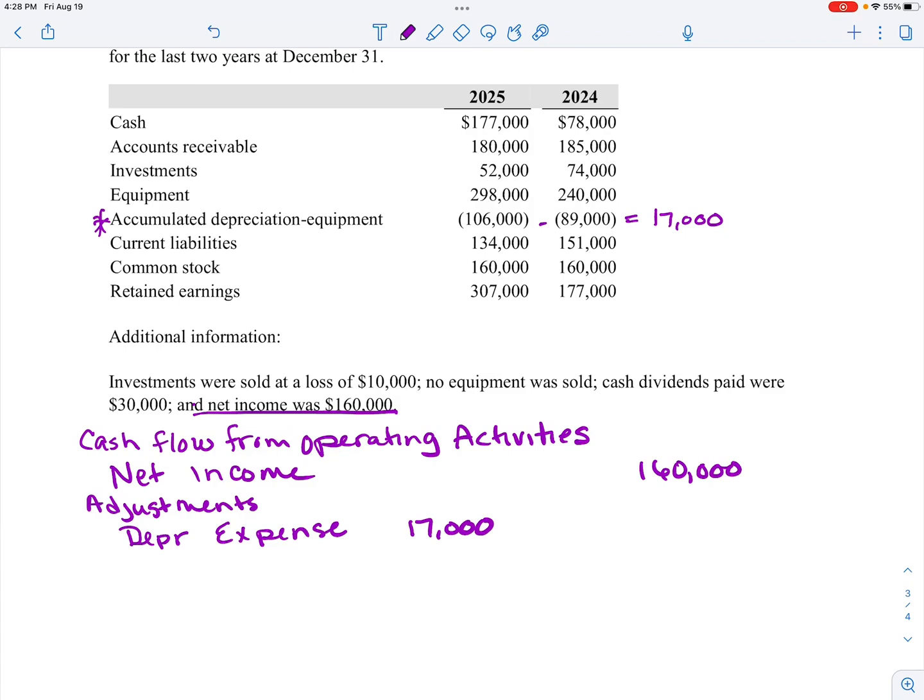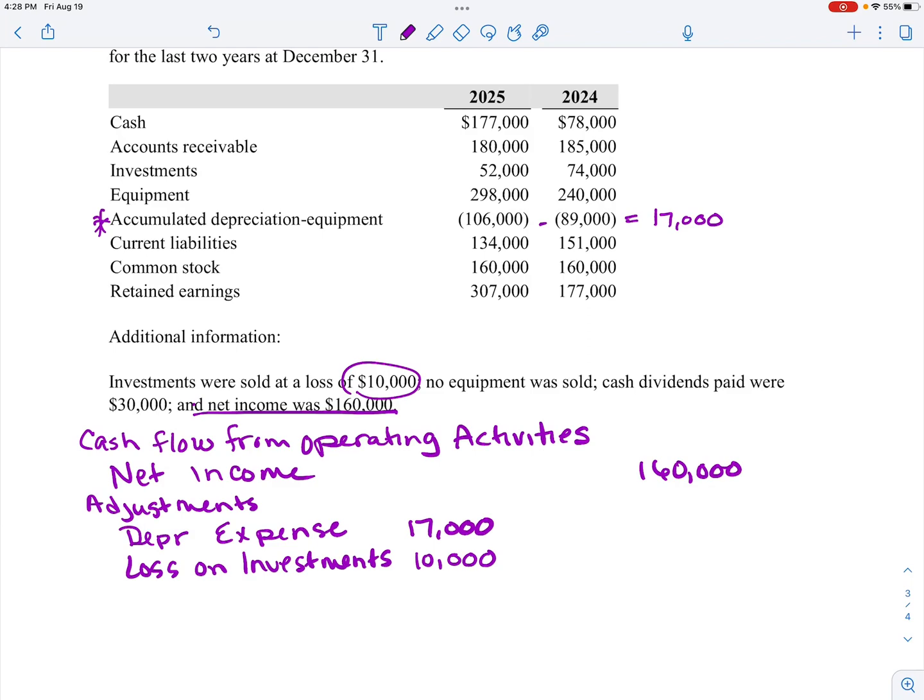It lowers our net income but doesn't impact cash. So we need to add that back in. Same thing with these loss on investments. Always look for those. They tell us what that is there. We took a loss. We decreased our net income, but that's not really a cash impact.